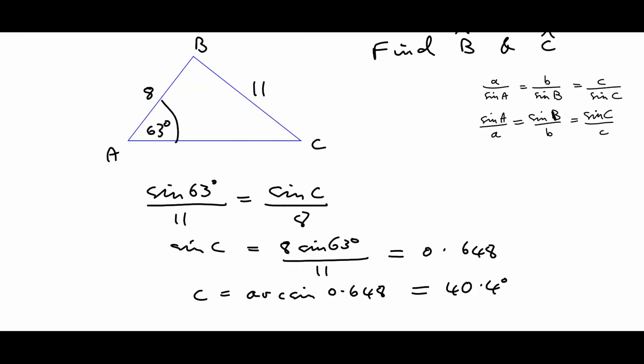To find angle B, we could use the fact that three angles of a triangle add up to 180, so B equals 180 minus 63 minus 40.4, which will come to 76.6 degrees, both to three significant figures.